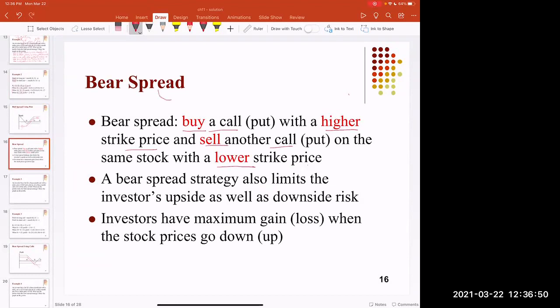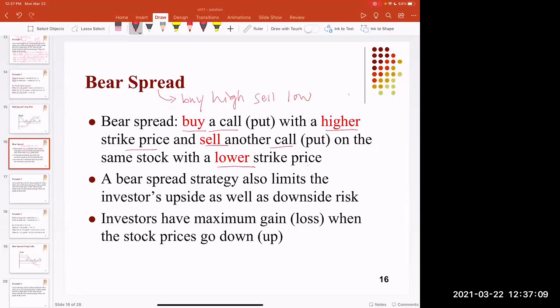So in this case, I summarize that it is buy high, sell low. When we talk about a bull spread, that's buy low, sell high. But for the bear spread, it's buy high, sell low. Okay? Buy high, sell low.